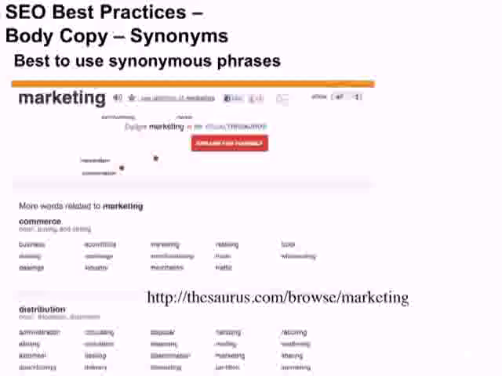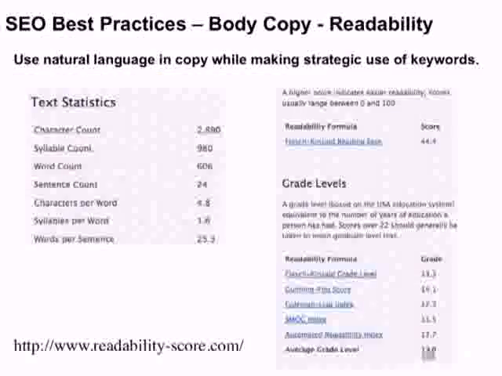So check out the visual thesaurus. Nice helpful tool when you're doing your SEO copywriting. Another excellent tool when you're doing your copywriting is readability-score. This shows the grade level for your writing. It shows you the character count, the syllable count, word count, etc. Lots of interesting little tidbits here on the way that people read your content and the grade level that it's geared toward.